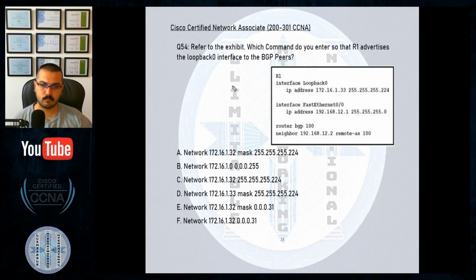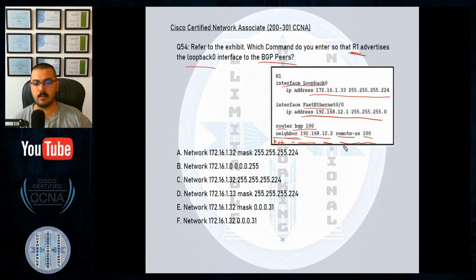54. Which command do you enter so that router 1, R1, advertises its own loopback to the BGP peers? Let's see. This is interface loopback 0. It has this address, and this is another interface. This is router BGP. You see, statically you will specify your neighbor with its remote address, and later you should specify the command network xxxx mask yyyy.